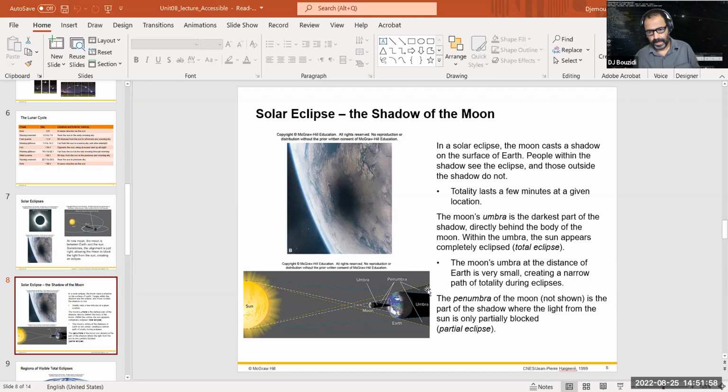Again, remember that 1 degree up and down also determines the intensity of the eclipse. Those are basically the processes through which you can have an eclipse. Obviously, in this case, we're talking about a solar eclipse, because the moon is covering the sun.